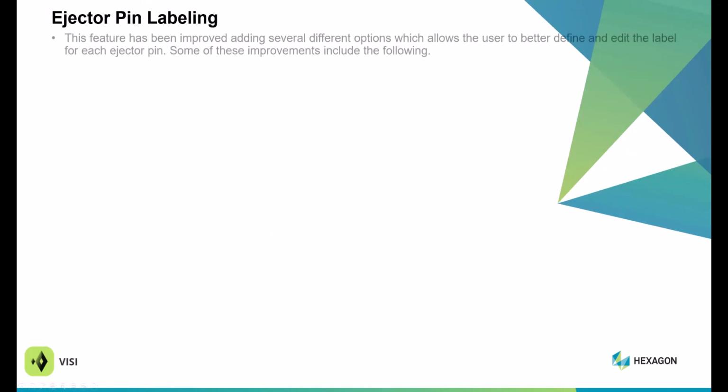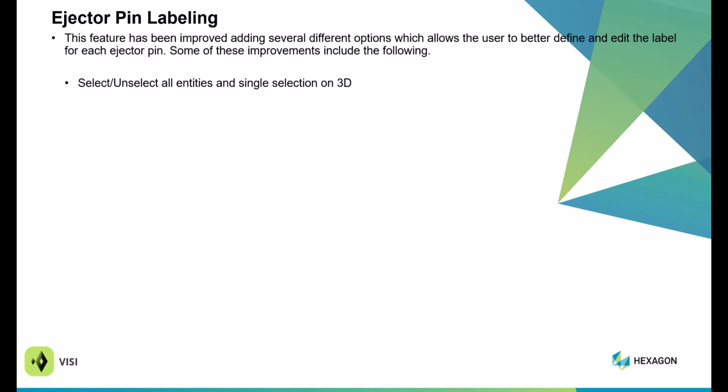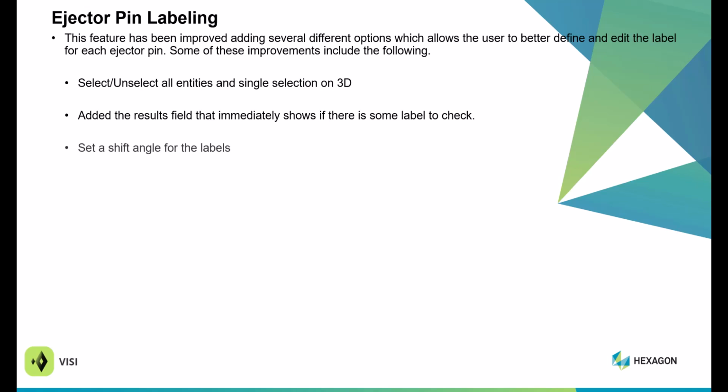Within injector pin labeling, there have been several enhancements that have been added to better define and edit labels when it comes to using the injector pin labeling. Some of these enhancements include being able to select and unselect all entities in single selection on 3D. You have the ability to add fields that immediately show if there is any label checking that is required. You can set shift angles for the labels.